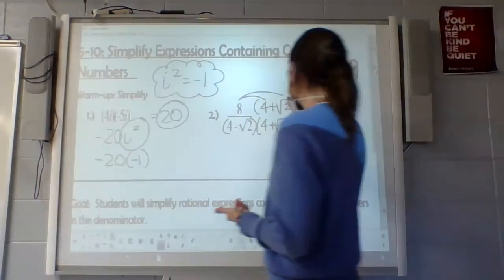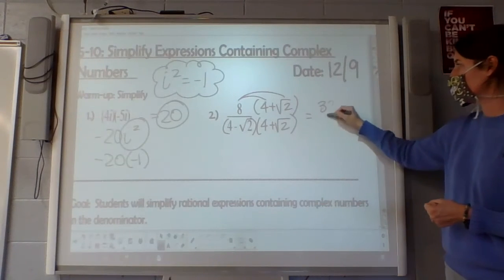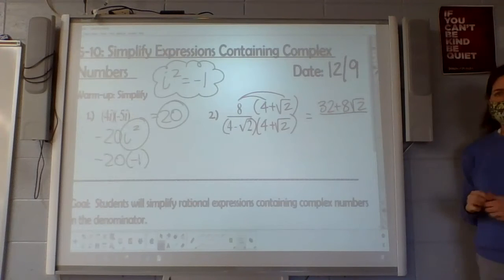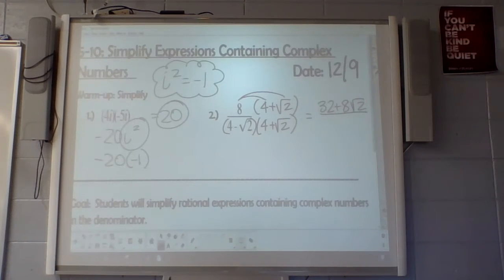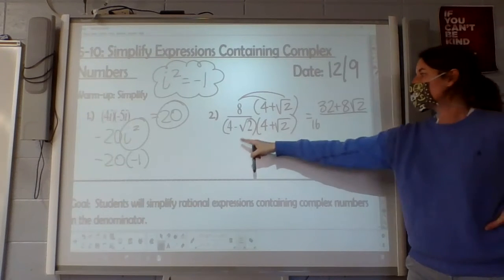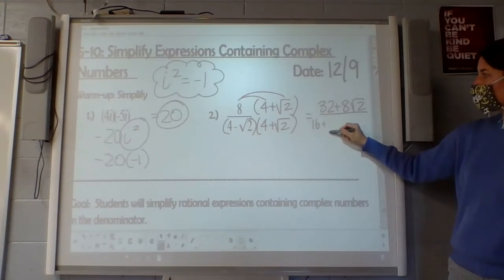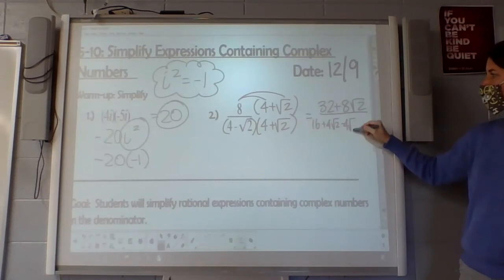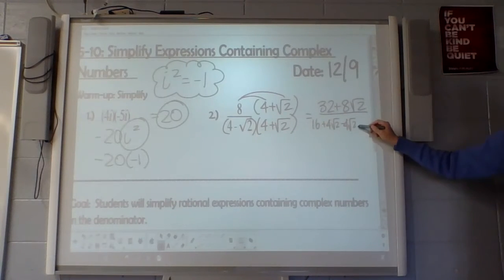So that becomes the top of our fraction. The bottom, though, we have to FOIL, but I know since we chose the conjugate, it'll work out really nicely. I just have to make my way through it here. So 4 times 4, this is 4 square root of 2, and then a negative 4 square root of 2, and then a negative square root of 4.